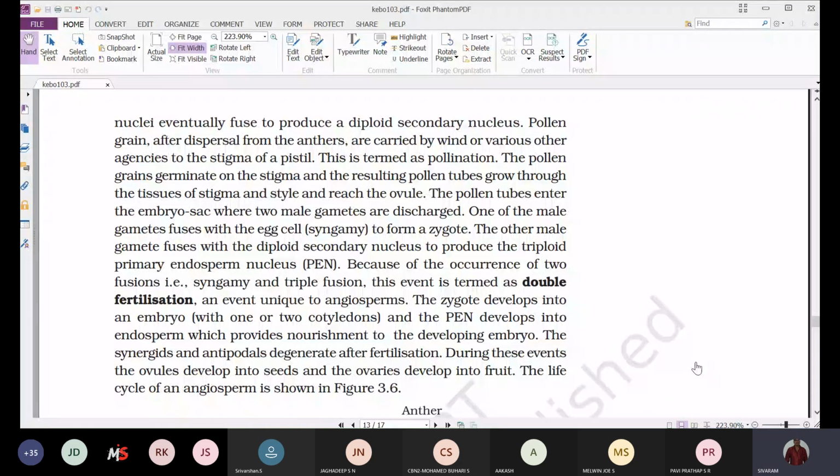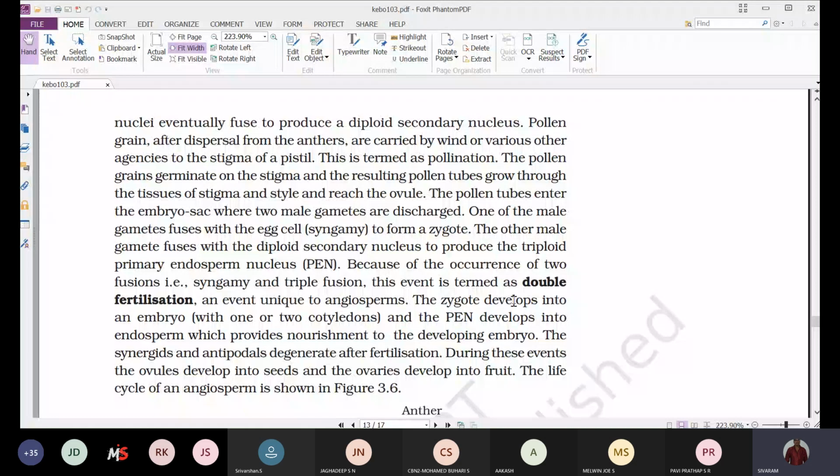Diploid secondary nucleus is produced, and this diploid secondary nucleus fuses with the second male gamete. The diploid secondary nucleus fuses with the haploid second male gamete and results in the formation of a triploid primary endosperm nucleus.